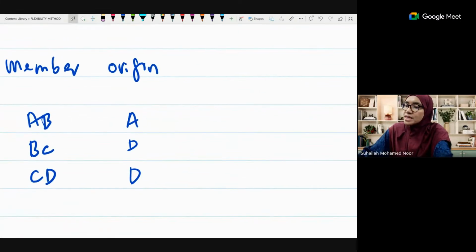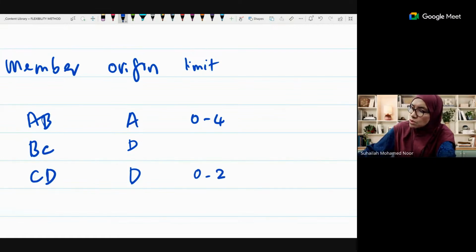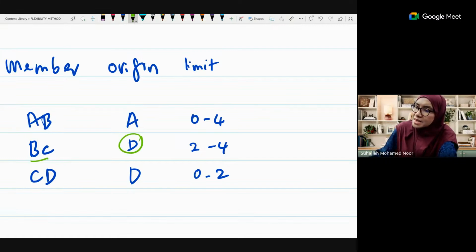So origin A for AB, origin D for the others. Now put origin D. Okay, then the limit. The limit is X, the value of X. So for AB it is 0 to 4, right? 0 to 4. CD is 0 to 2. BC will be 2 to 4. 2 to 4, because if D is in it, it becomes 0. See? Here AB, A, so 0. For AB, A or B, it will be 0. Like CD, C or D, if you choose one of these as origin, it will start from 0. See? For BC, D is not in it. D is not B, not C. So it will not start with 0.